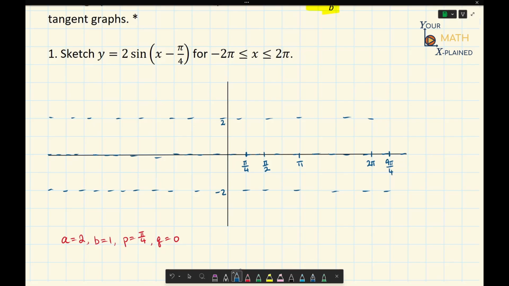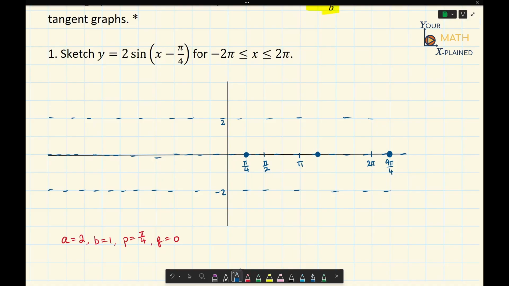Since our period is still going to be 2 pi, and our graph is shifted pi over 4 units to the right, that means we're going to have 0 be right on pi over 4. And then at 9 pi over 4 is when we have one full cycle. Now we can go ahead and divide the intervals in between evenly. Right in between pi over 4 and 9 pi over 4, we're going to be at 0.